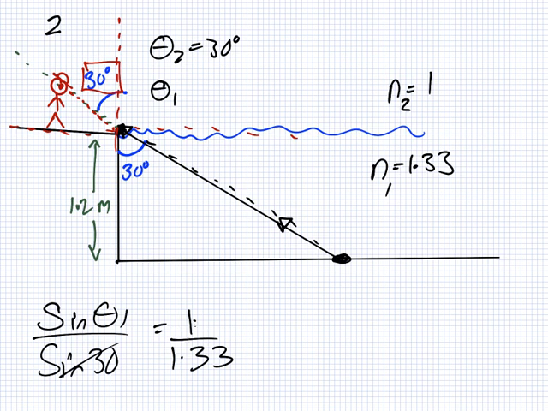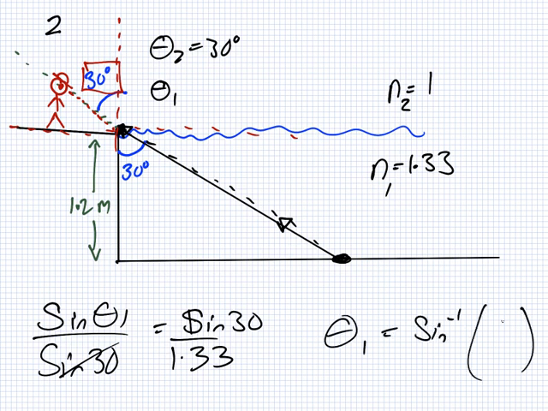So if I bring the sine 30 up, I get sine theta 1 equals sine 30 over 1.33. So theta 1 is sine inverse of sine 30 over 1.33. What's that, please? 22. So the light must have been heading up at 22 degrees, not 30 degrees, so that it would leave at 30.